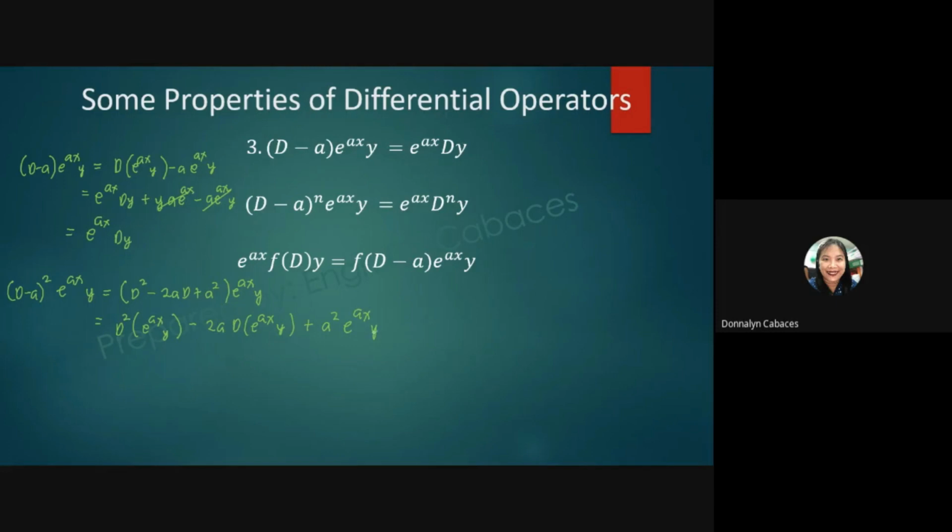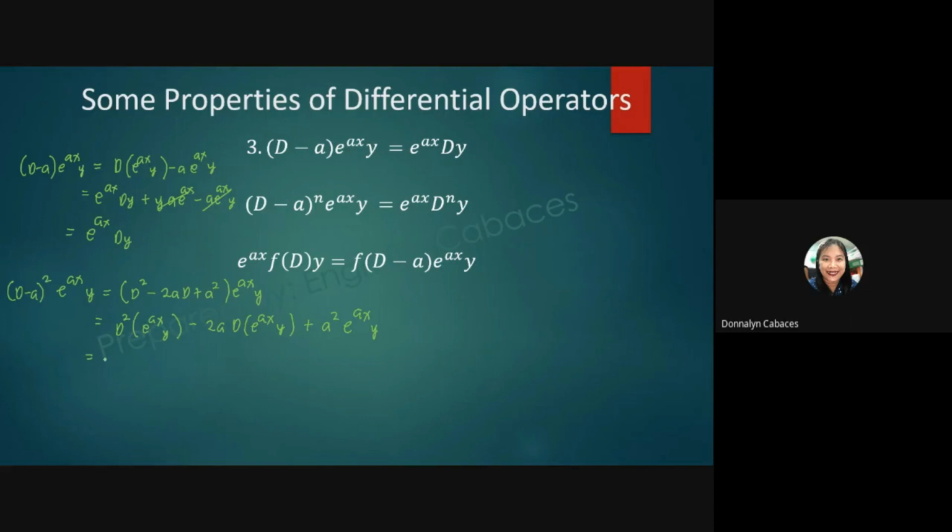Okay, so we will just simplify and we should end up with e to the ax D squared y. So let us have the first derivative first.